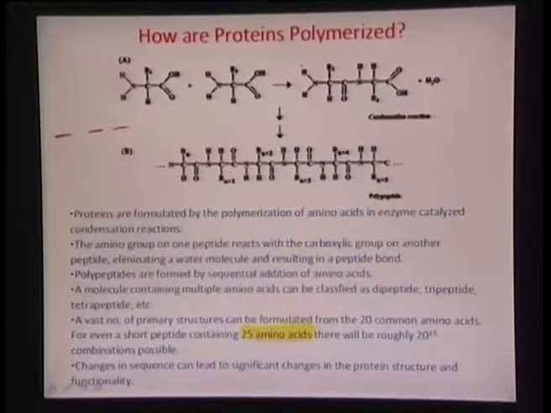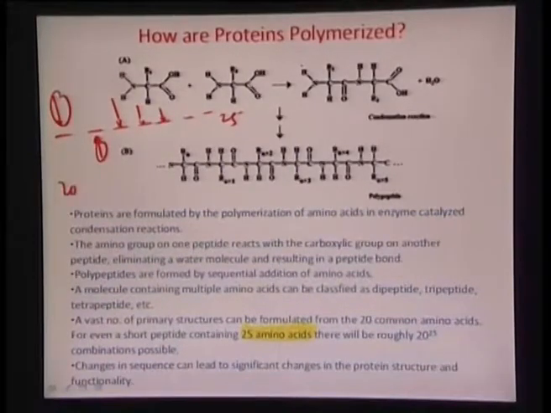Such a vast amount of arrangements is available only for a 25 amino acid sequence. So you can have 25 positions like these, and 20 amino acids in each of these. Essentially 20 times 20 times 20 and so on up to the 25th term. So 20 to the power of 25 combinations.